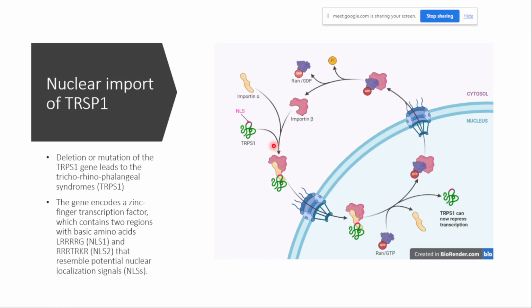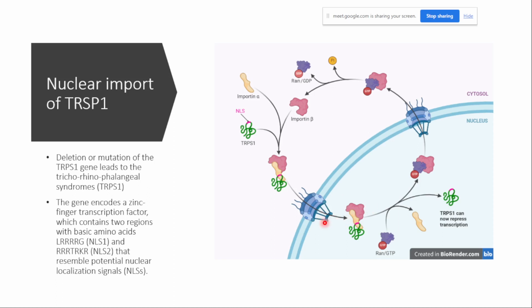As I told you, this NLS sequence can be recognized by importin alpha. Importin alpha binds to the NLS sequence, and importin beta binds to importin alpha. This importin alpha-beta dimer bound with your cargo protein is the combination required to go inside the nucleus through the nuclear pore complex.